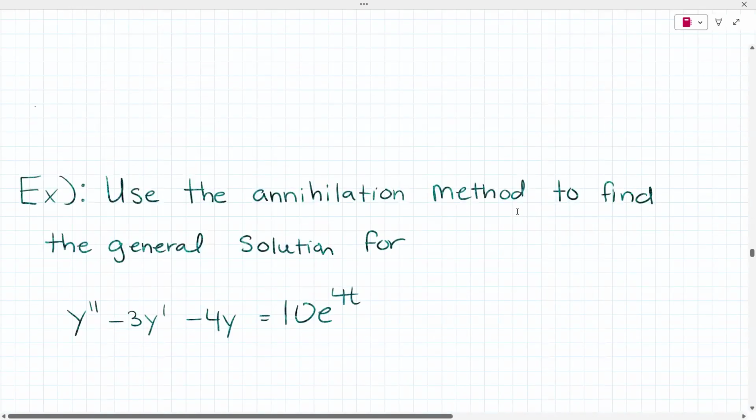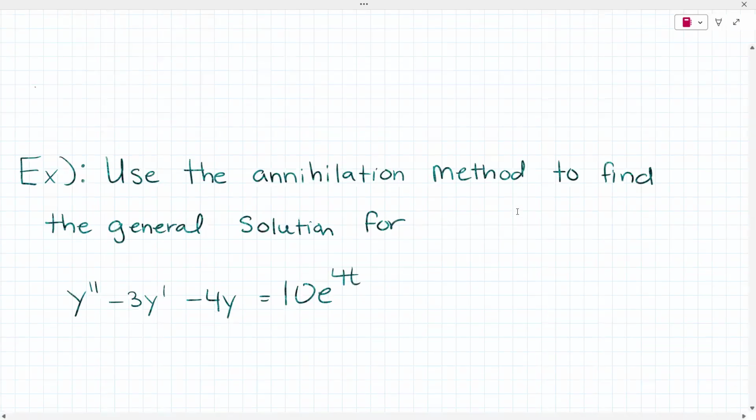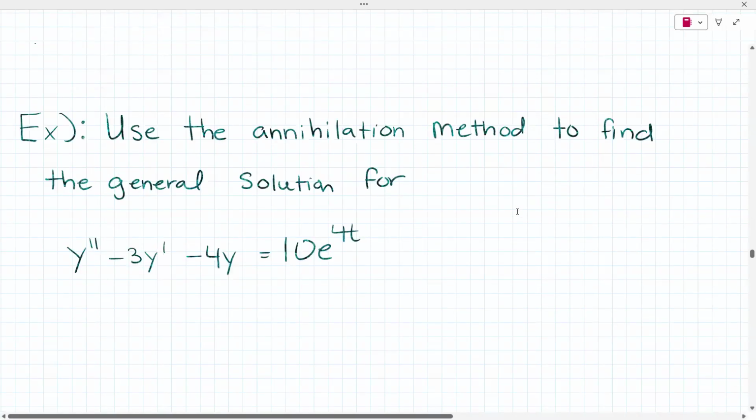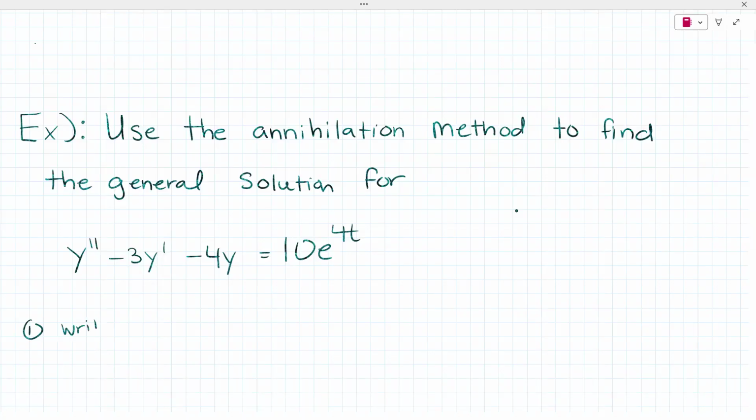Okay, example, use the annihilation method to find the general solution for this. So we have y double prime minus 3y prime minus 4y equals 10e to the 4t. So what we have to do first, step 1, is write it as a differential operator.